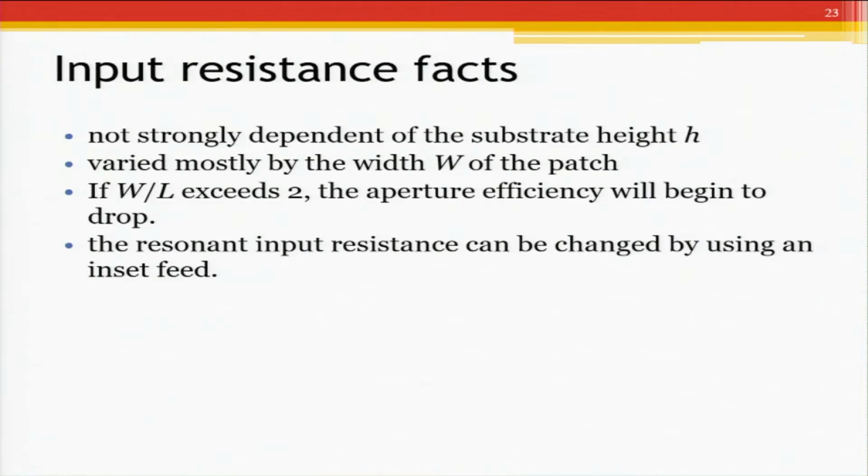But the facts are that the input resistance is not strongly dependent on the substrate height. That means if you change the height of the substrate, you might not see variations of resistance. But it varies mostly with the width of the patch.